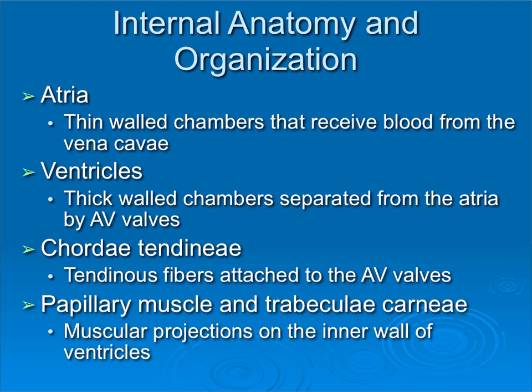Okay, so talking about the chambers more specifically, if this is my heart, I have my right atrium and my left atrium. Again, the right atrium is going to receive blood from my superior vena cava and my inferior vena cava.